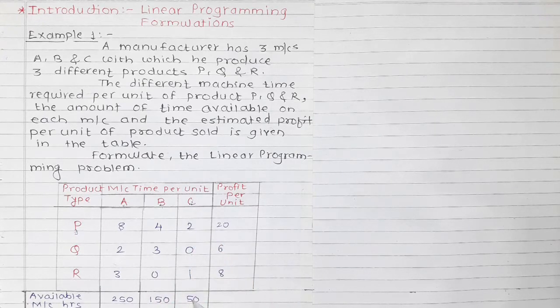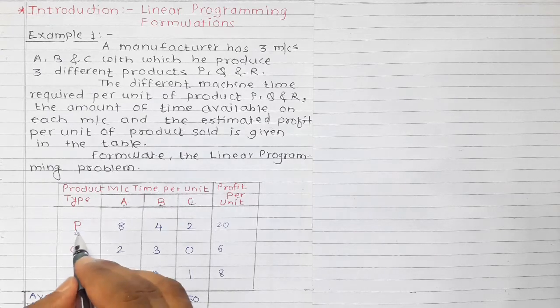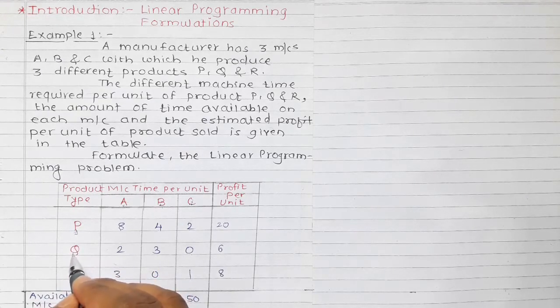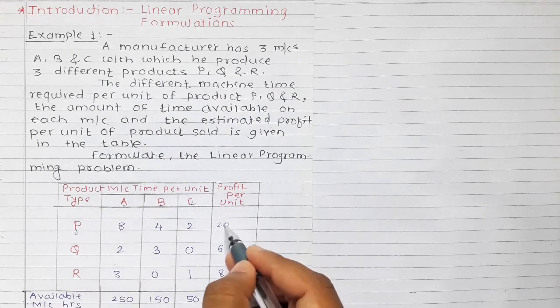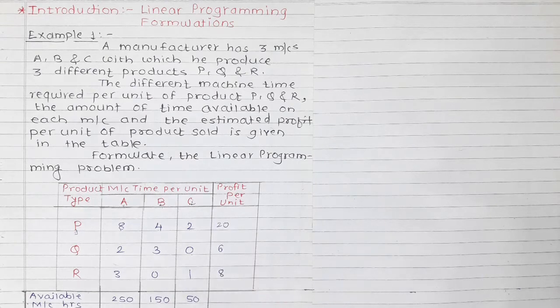Then he has to decide how many units of P, how many units of product Q and how many units of product R are to be manufactured so that he can get the maximum profit with this available machine time.